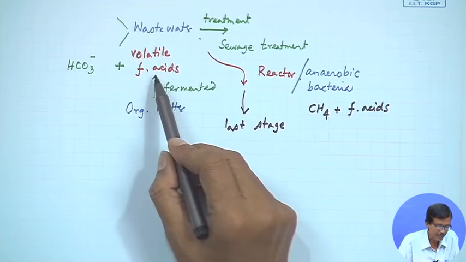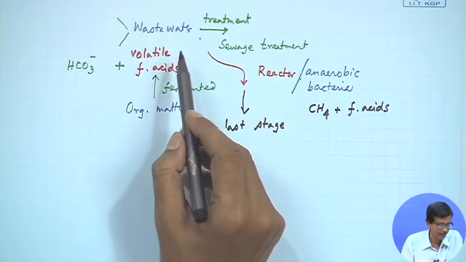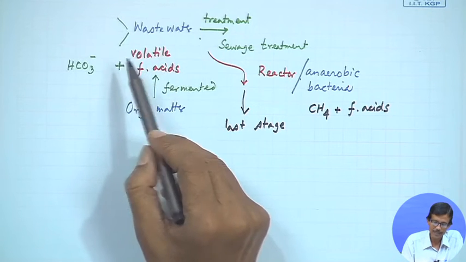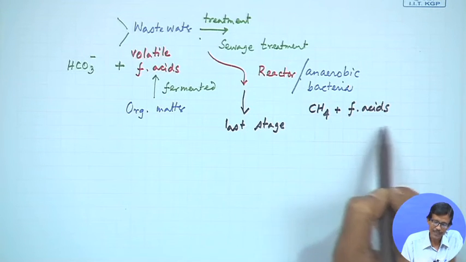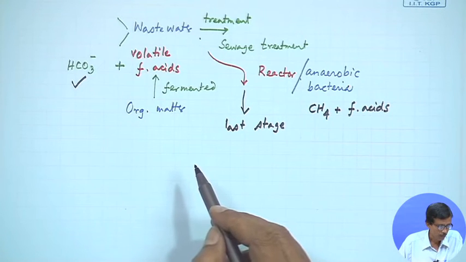These fatty acids can also be titrated. So far we have seen that the neutralization reaction can be utilized for the titration of volatile fatty acids, and when these fatty acids are getting degraded, we produce a certain amount of bicarbonate anions.